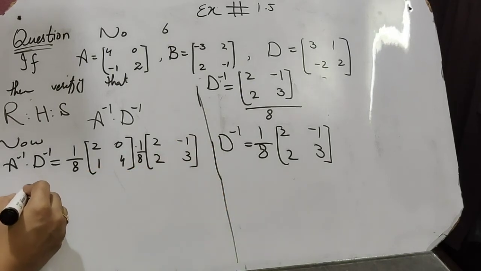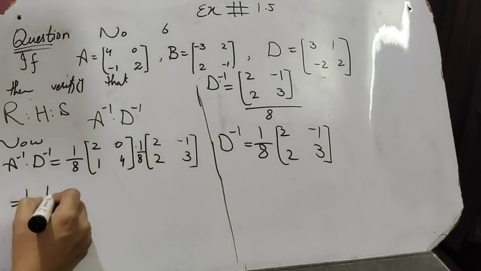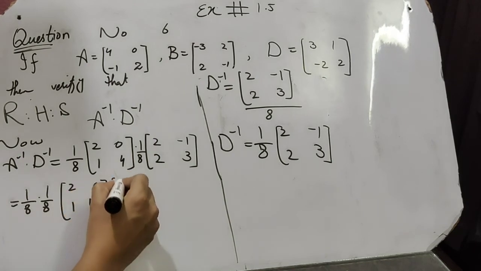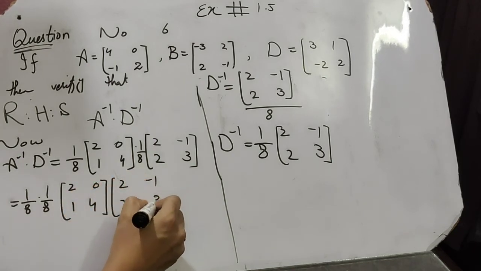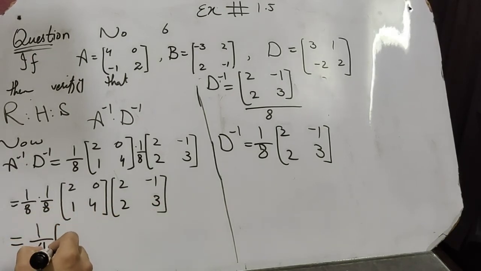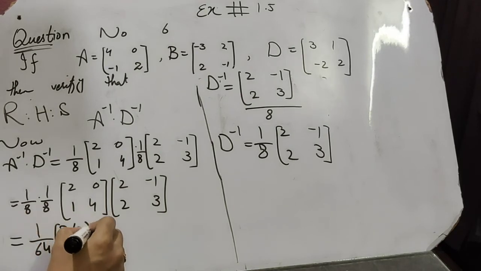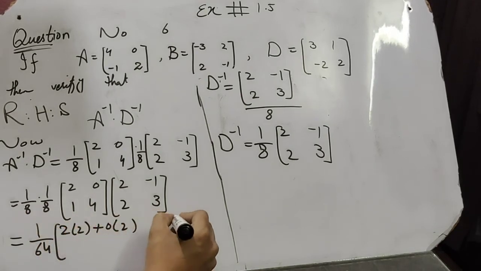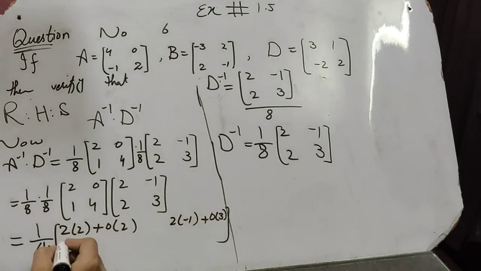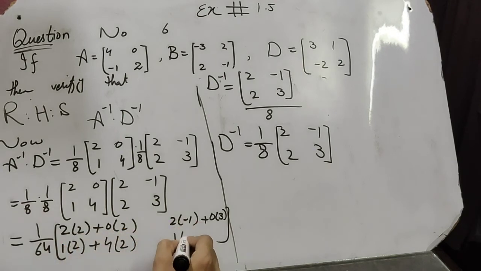It will be equal to 1 by 8 into 1 by 8, [2, 0; 1, 4] times [2, -1; 2, 3]. It will be equal to 1 by 64, and [2 into 2 plus 0 into 2, 2 into -1 plus 0 into 3; 1 into 2 plus 4 into 2, 1 into -1 plus 4 into 3].